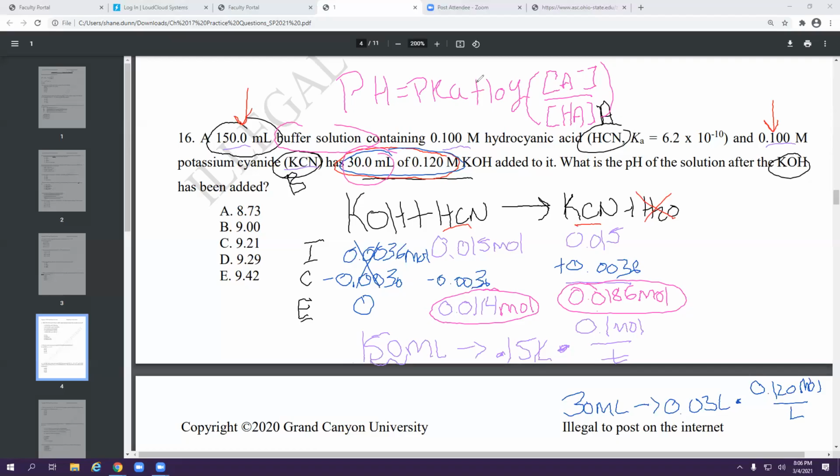Because it's going to change the concentration, theoretically speaking. So I'm going to take both of my new values and divide by these two added up. Do we convert that to liters or keep it milliliters? You want to keep it liters. You add the liters together? Yep, we're going to add the liters together.